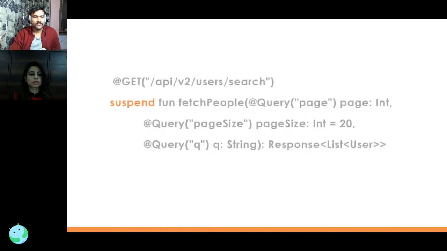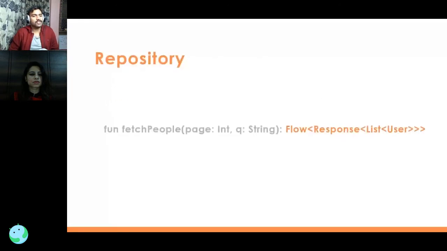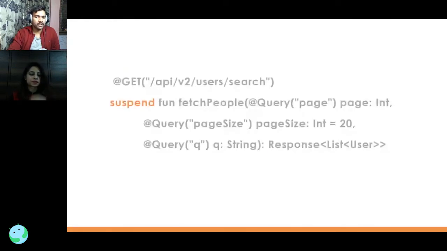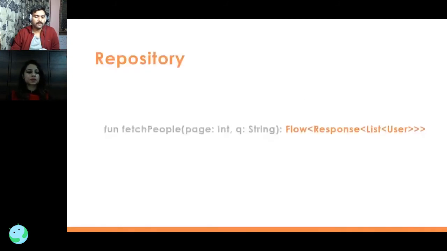And next, let's say that we use the repository pattern, right? So first we have a repository where we have a function like this, fetch people, which takes page and the query, and it returns a type Flow. If you remember, in this code, we had a response of list of users, right? But here in the repository, we have something called Flow of response of list of users.